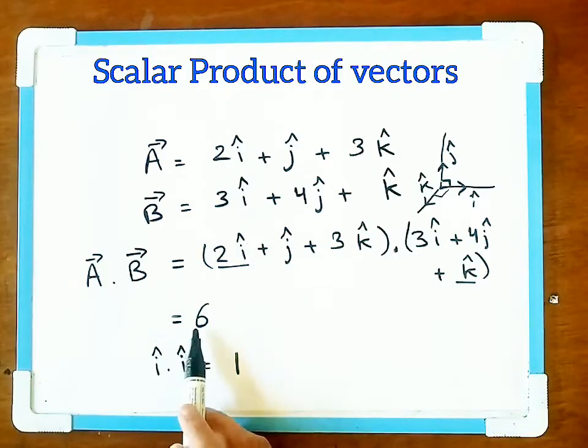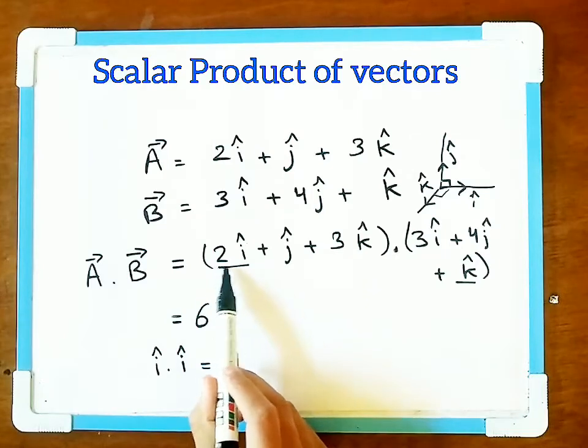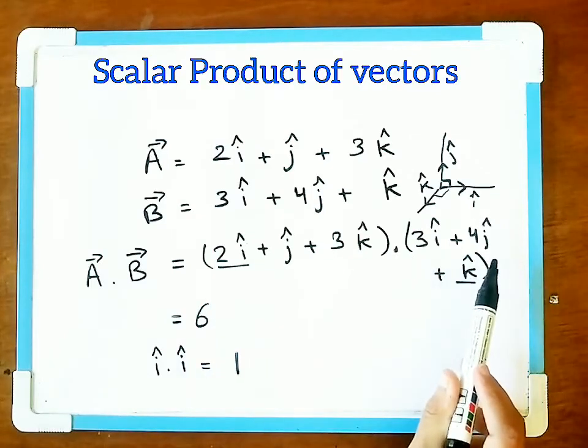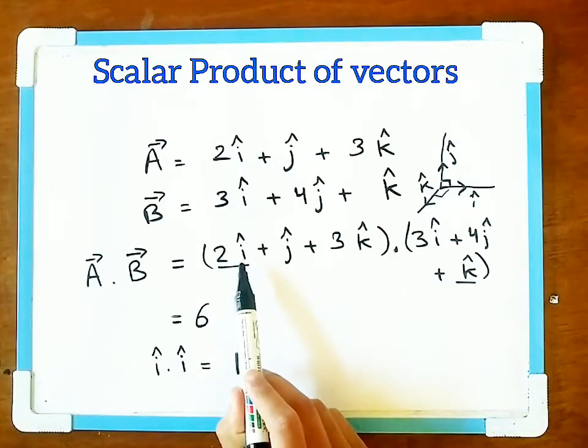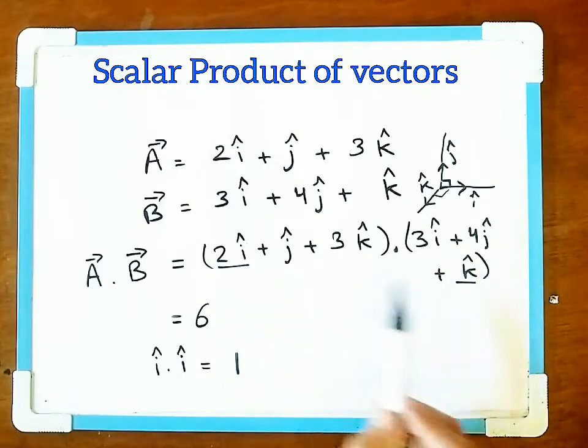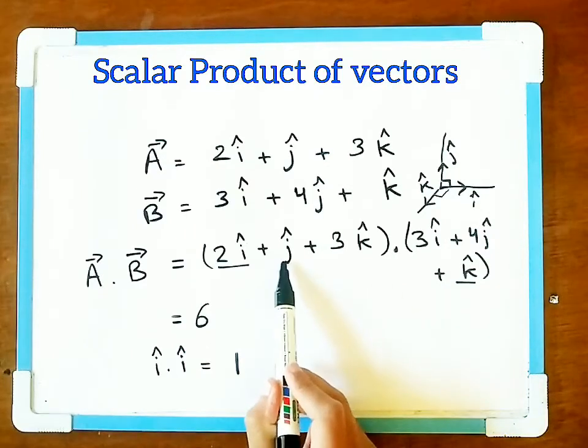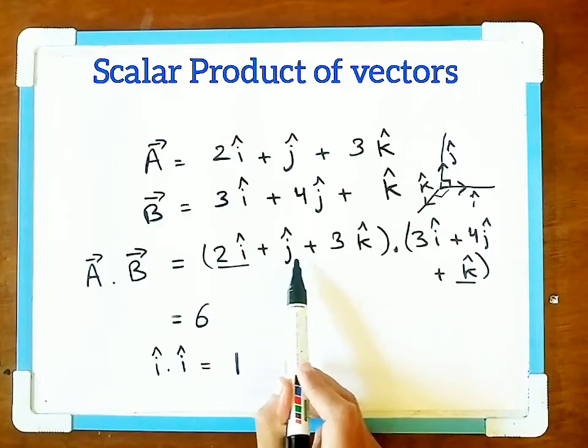Okay, so how do we get this? By taking the dot product of 2i with 3i, 4j and k. And remember that i dot j is 0, i dot k is also 0. Now similarly with the other vectors also, you will have to take the dot product of this one with all the vectors.